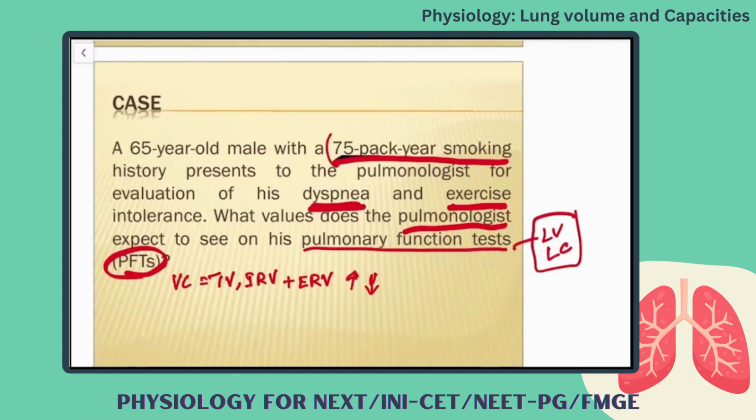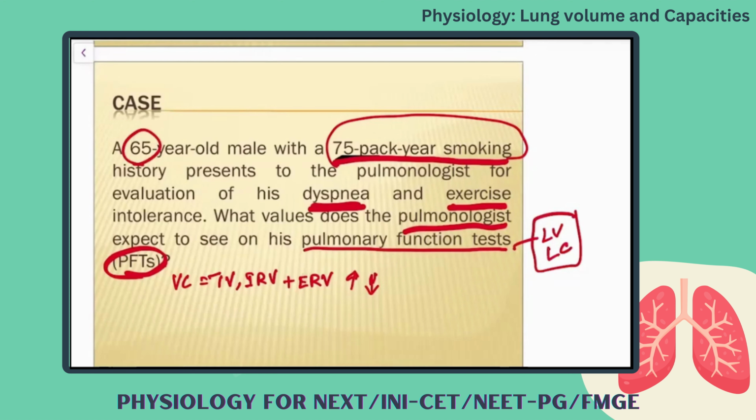Yes, he has a high positive smoking history of how much? 75 pack-years. And he is almost 65 years old. How long might he have had the smoking history? We cannot determine.